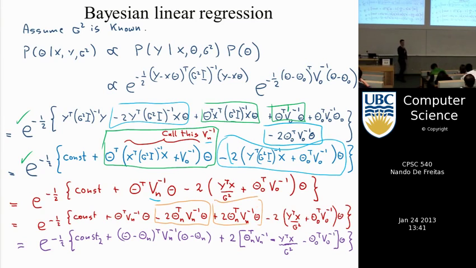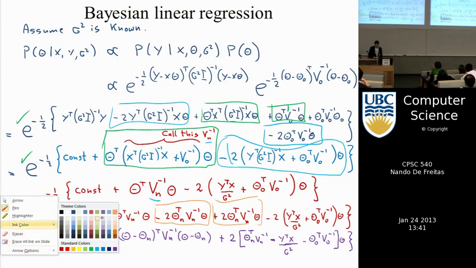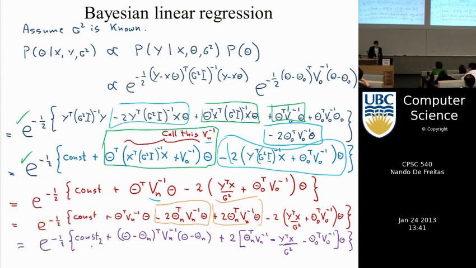The reason why I'm doing this is because if I look at these three terms, I can see that that's what I would obtain if I were to have a Gaussian distribution that has mean theta n and covariance Vn.